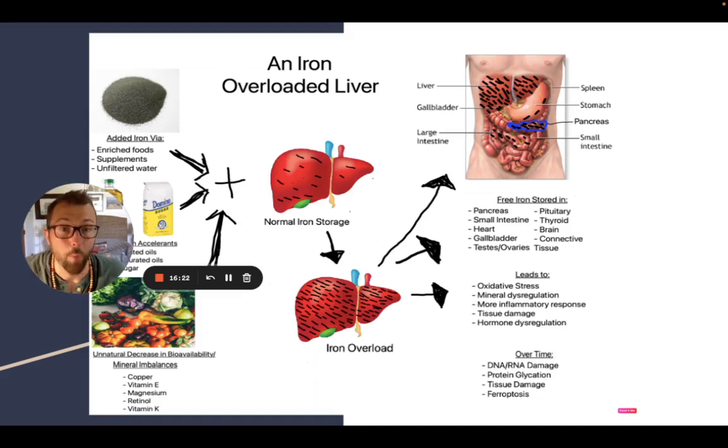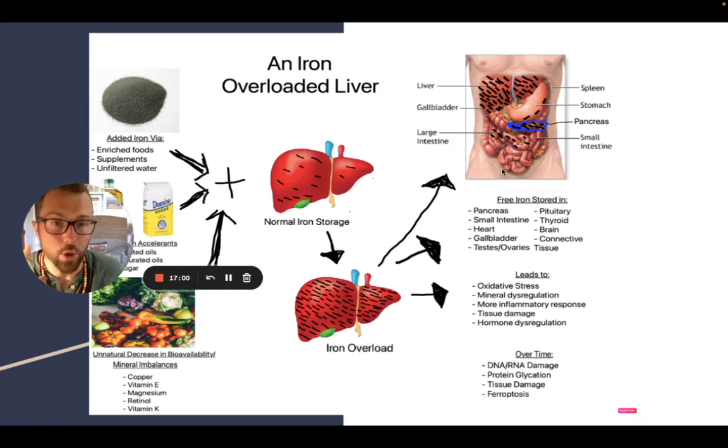So it's important to go back to this, right? A couple different things. We're taking in too much iron, right? The added iron via enriched foods, supplements, and our water, among other things. So too much iron, as well as things that make inflammation worse, like PUFAs, excess sugar, hydrogenated oils, as well as taking away all of the things that would keep those things in check.